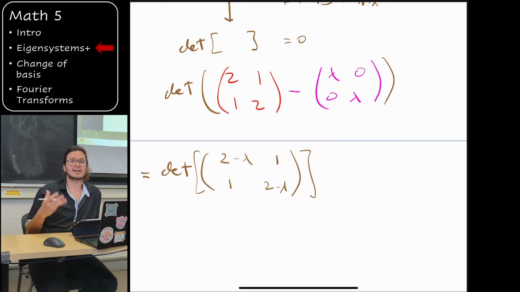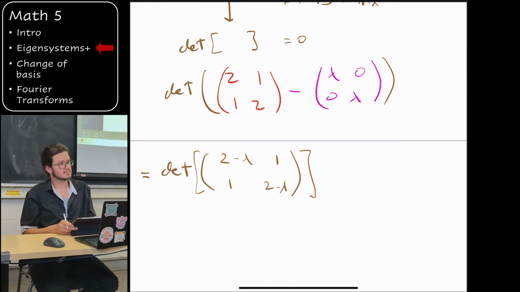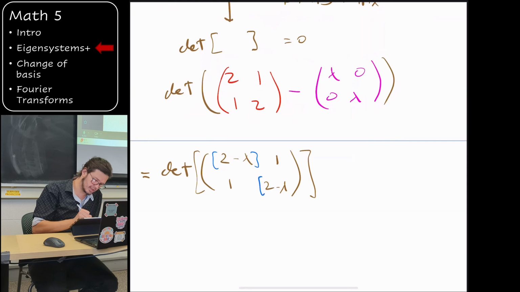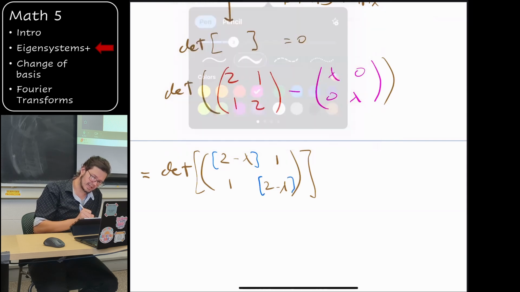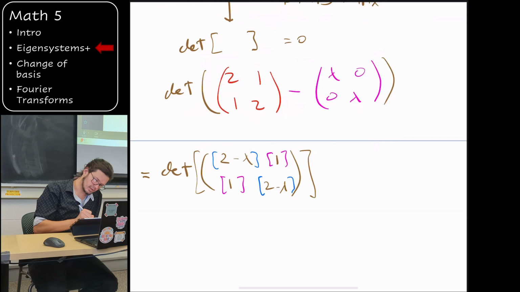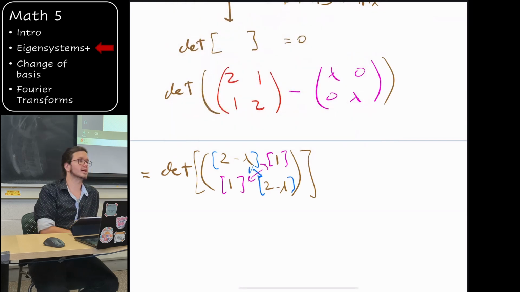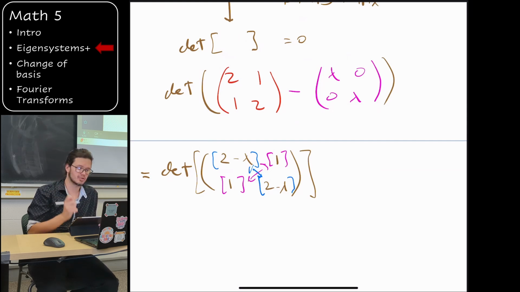Anybody remembers how to algorithmically calculate determinants? Essentially, down the 2 minus lambda diagonal, I grab these two and multiply them, and then I subtract the multiplication of these two. I only remember by memory how to calculate the determinant of a 2 by 2 matrix. The 3 by 3 is a bit annoying, but you still can. Beyond that, don't even try to remember. Computers know how to do this, and you can just trust the computer.